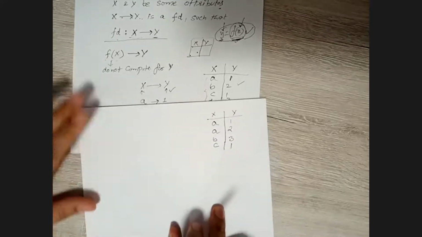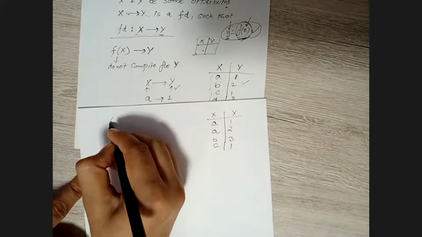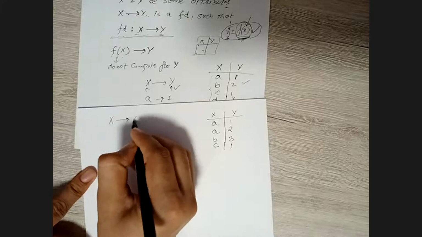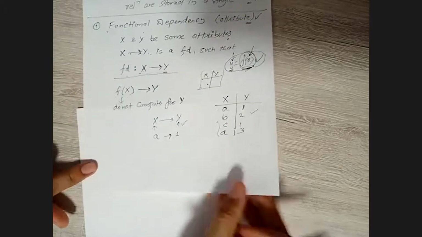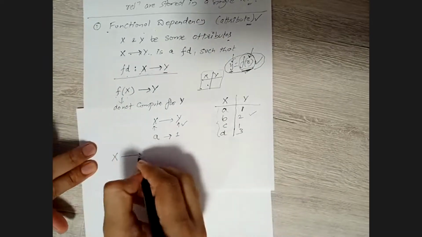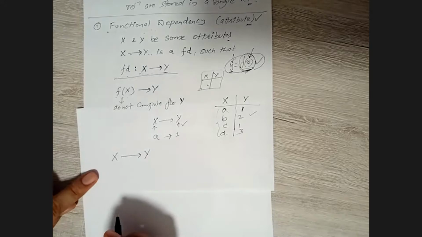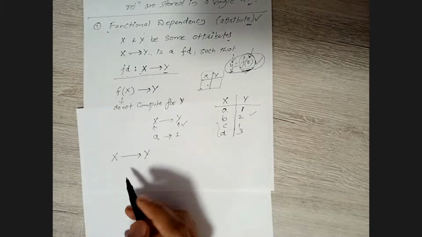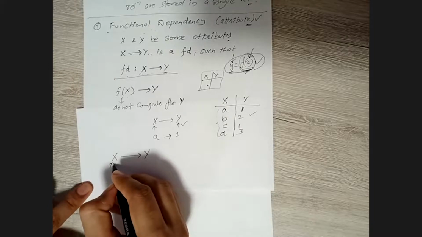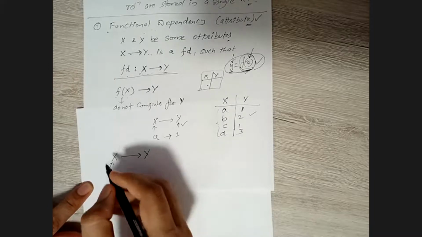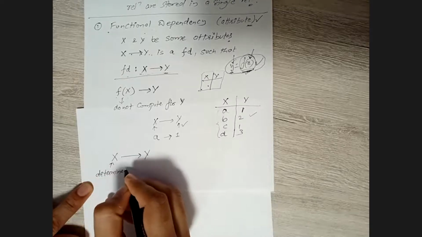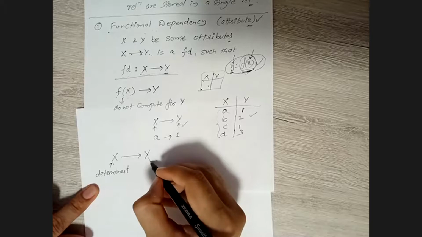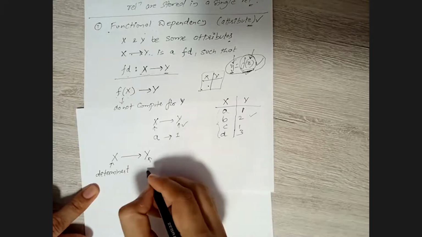Now let me check whether x determines y. When we write these functional dependencies, the term on the left hand side is called the determinant. Remember, determinant. And the right hand side is called the dependent.